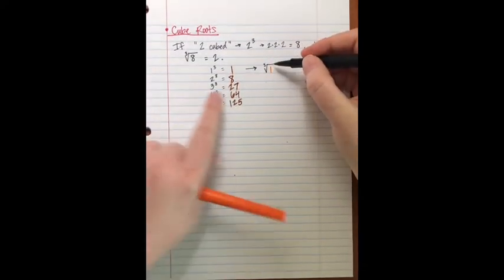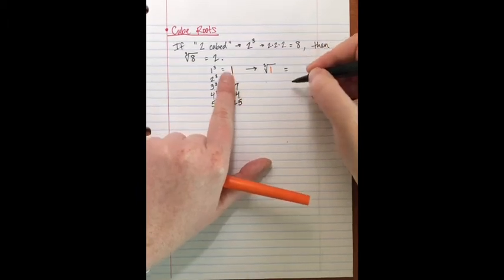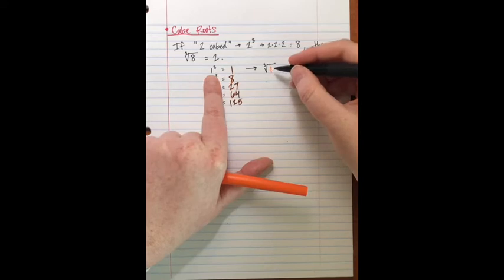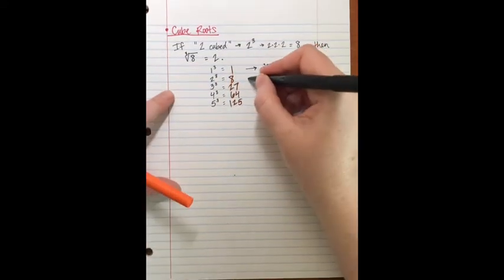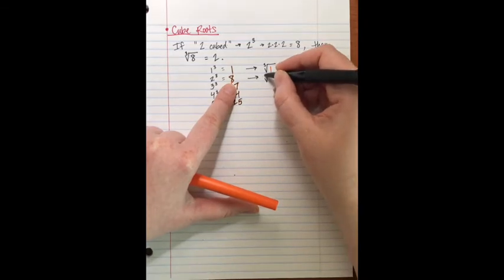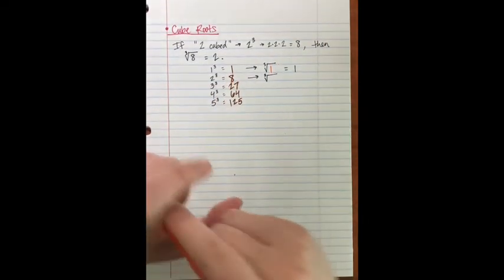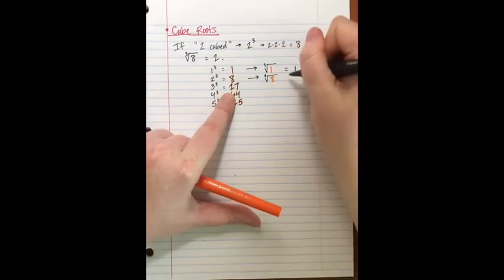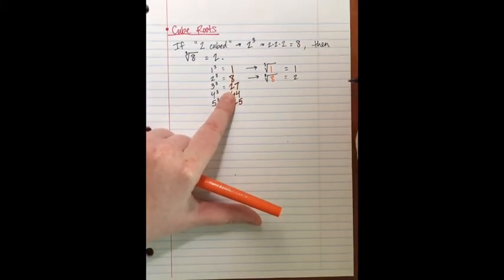Then the cube root of 1 is 1. So we kind of get back to that base. Okay, if 2 cubed is 8, then the cube root of 8 is 2.